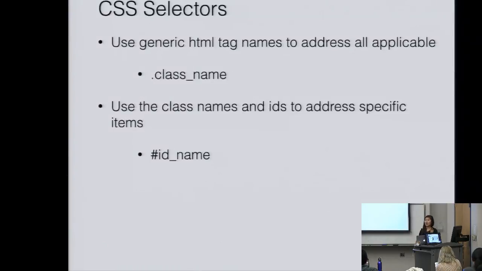IDs can only be given to one element in each file, and this is so that you can have more specific CSS. CSS is written by selecting those class names and IDs. A class name is selected with a dot before the class name, and an ID is selected with a pound sign or hashtag before the ID name. That's how you specify this is the element that I want to style.